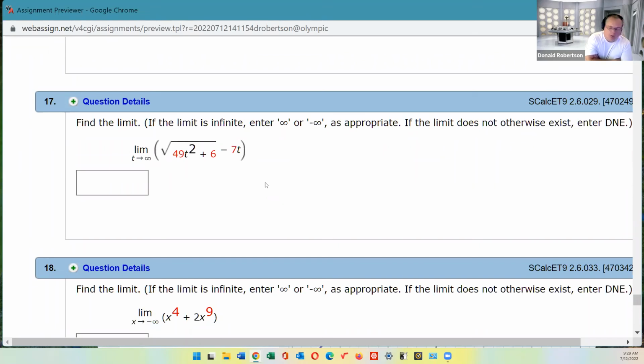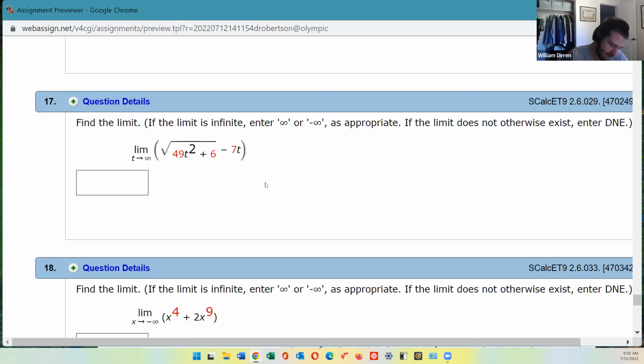And I am not going to divide the top and bottom by a special version of 1, like divide top and bottom by t squared or t or whatever. I'm not going to do that. I am going to multiply the top and bottom by a special version of 1 with a funny name that starts with a C. Conjugate.